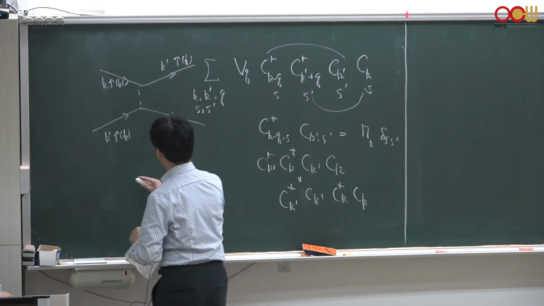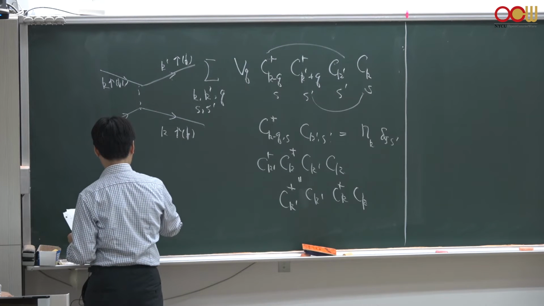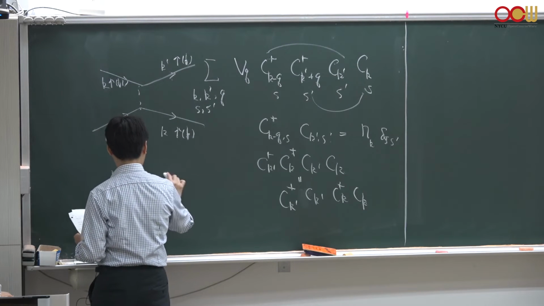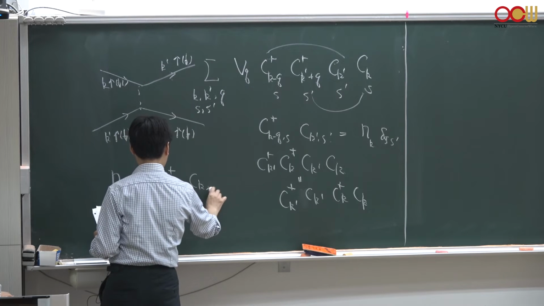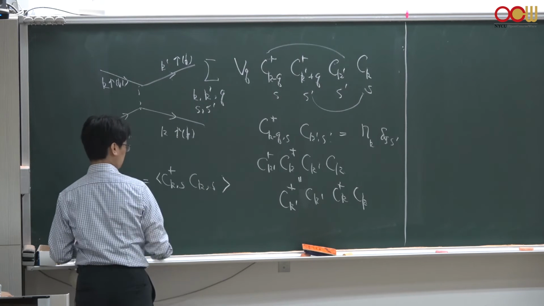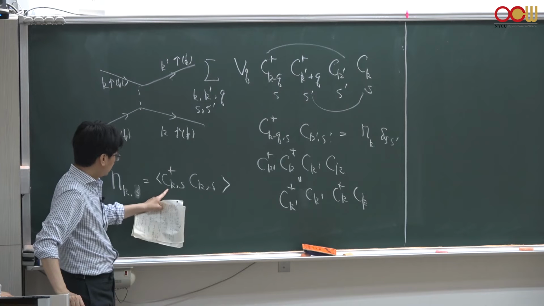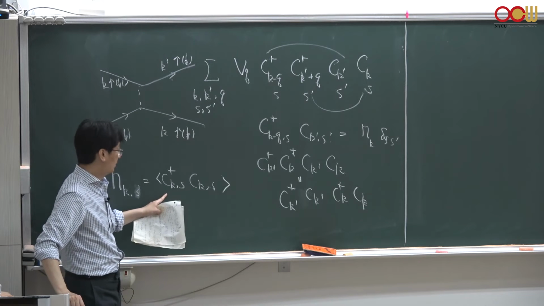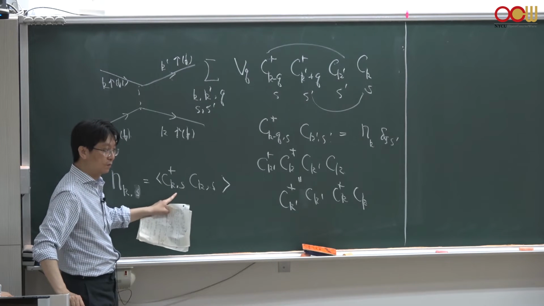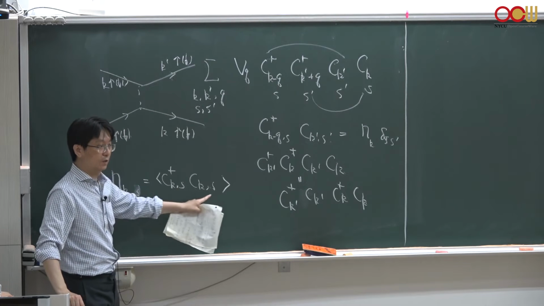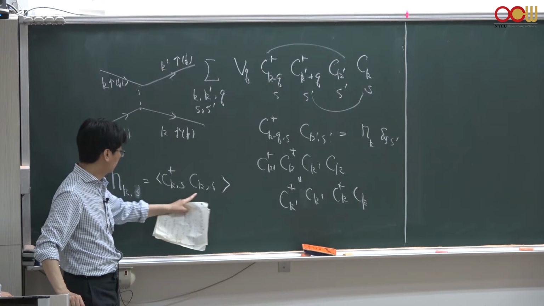So the Fermi function is actually defined as the expectation value of C dagger K S, C K S. This expectation value for the number operator, C dagger C, should carry exactly the same spin indices or quantum numbers.